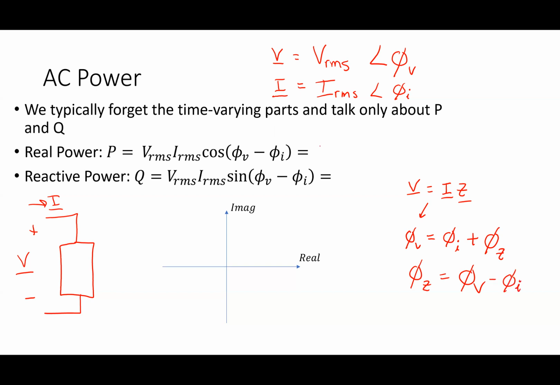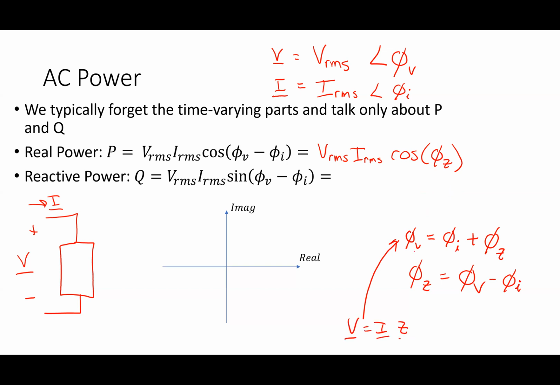So I can say this guy is VRMS times IRMS times the cosine of phi Z, like that. Do it this way. V equals IZ, right?